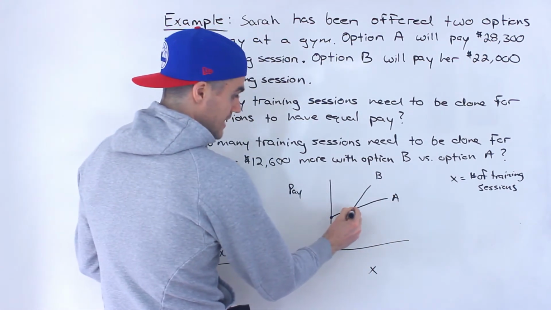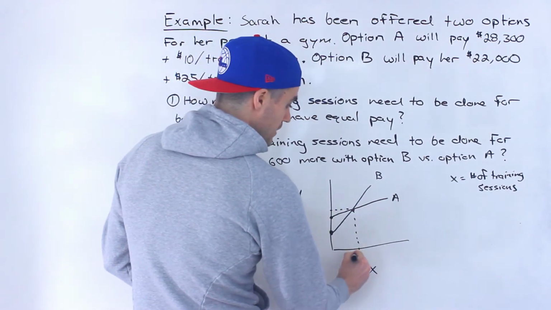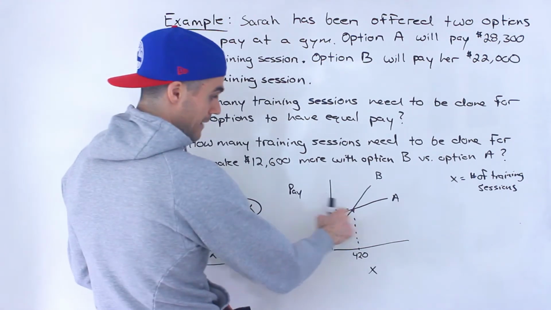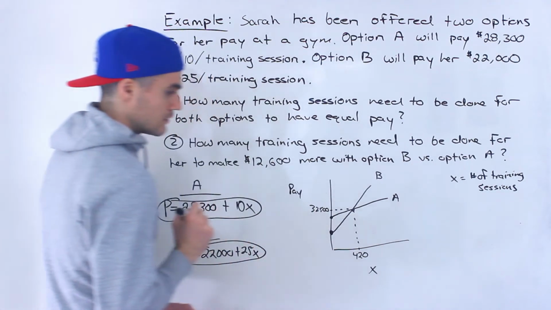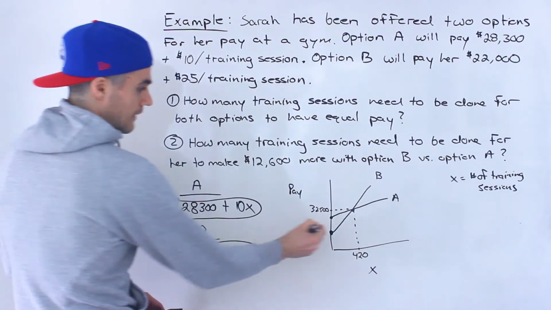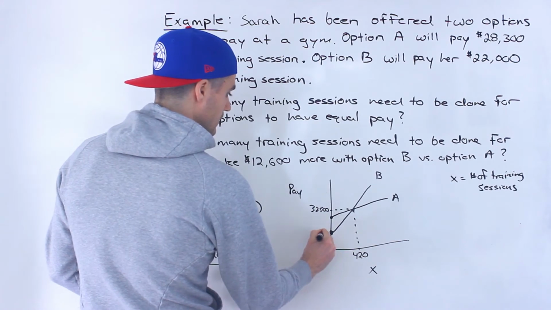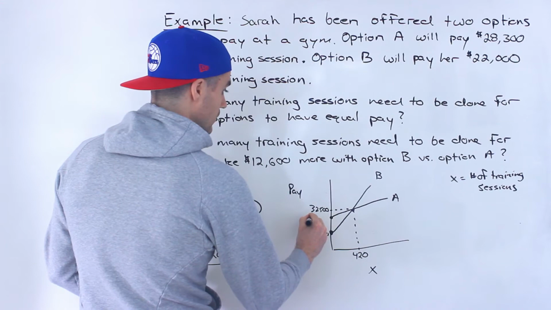Now, where they intersect, that break-even point would be at 420 training sessions. And the pay at which they both intersect is 32,500, like that. And then this here is 22,000, and this here is 28,300.